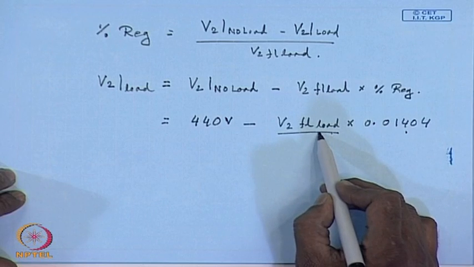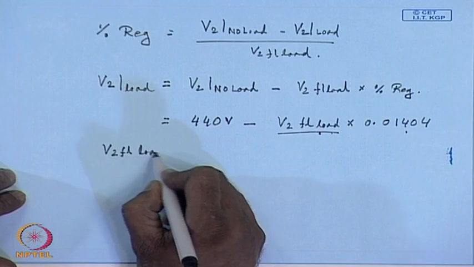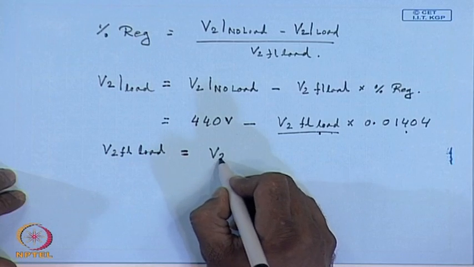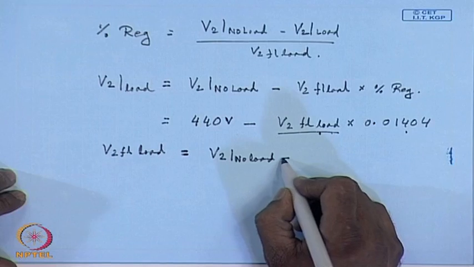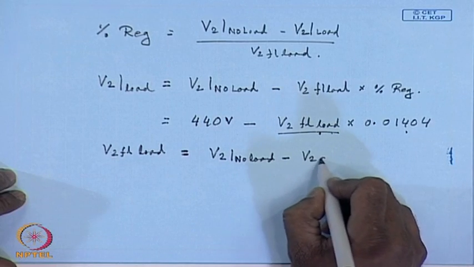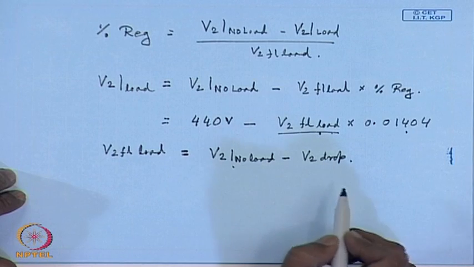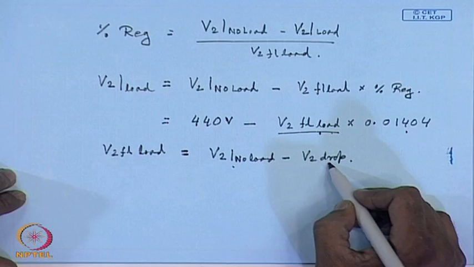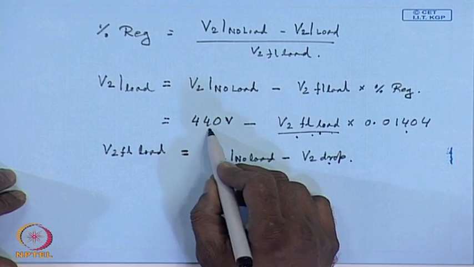So, V2 at full load actually will be given by V2 at no load minus V2 drop, but the magnitude of V2 drop is much smaller compared to V2 at no load, and when it is multiplied by this regulation, this becomes even smaller. Therefore, for all practical purposes, this can be assumed to be equal to this.